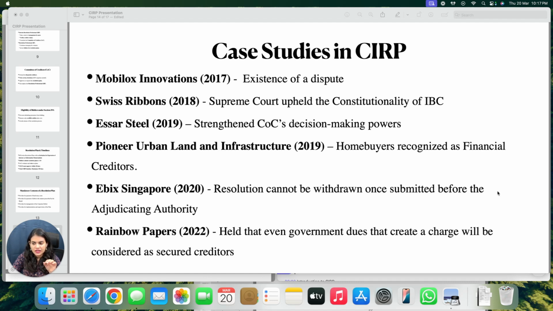So the NCLAT held that CIRP proceedings may be initiated, and subsequently they appealed to the Supreme Court. In the Supreme Court, similar contentions were put in, and the court concluded on the existence of a dispute; they interpreted the aspect of existence of a dispute.